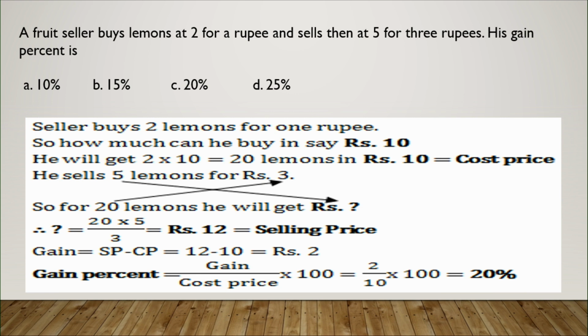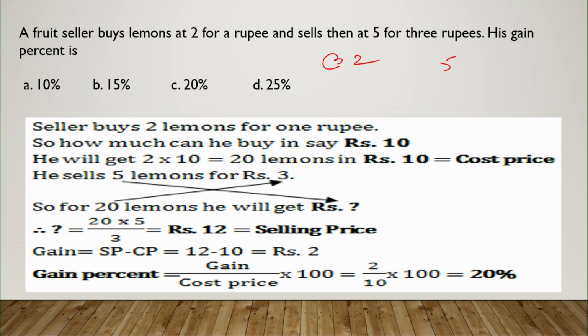Means here a fruit seller buys lemons at the rate of 2 for a rupee and sells them 5 for 3 rupees. Okay.